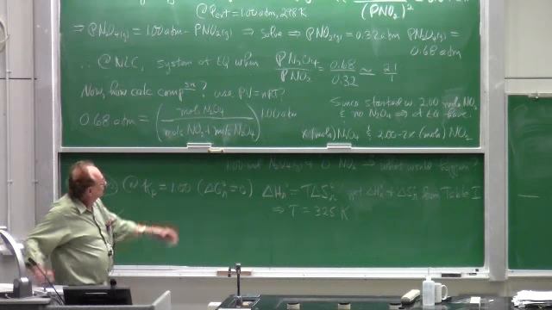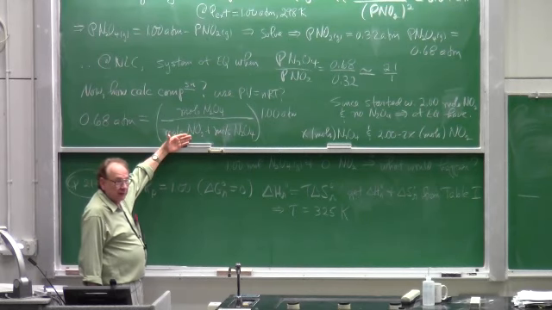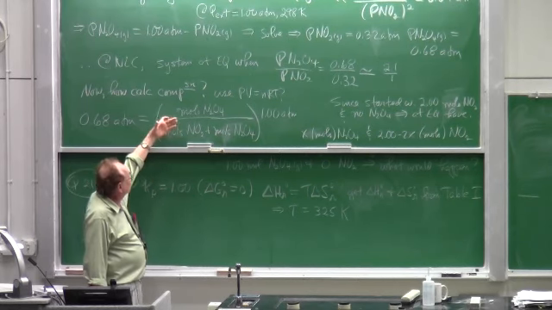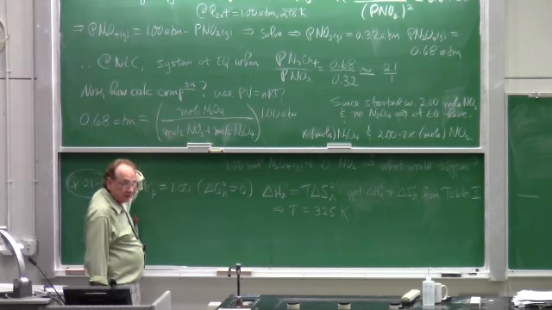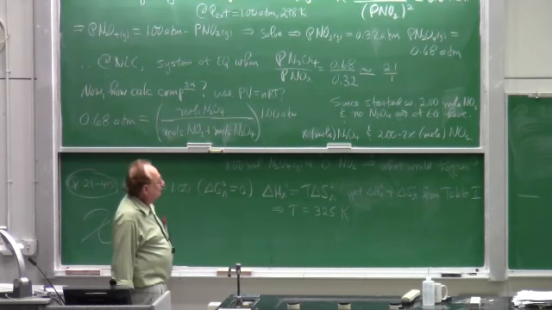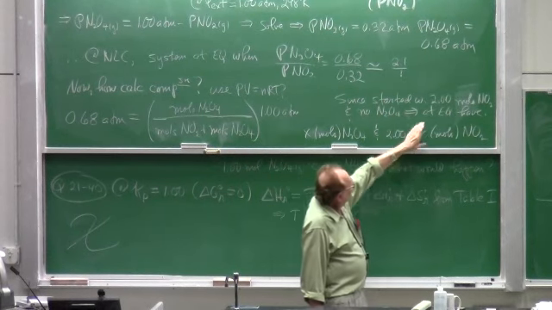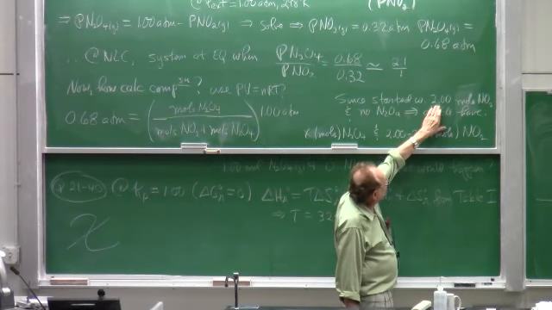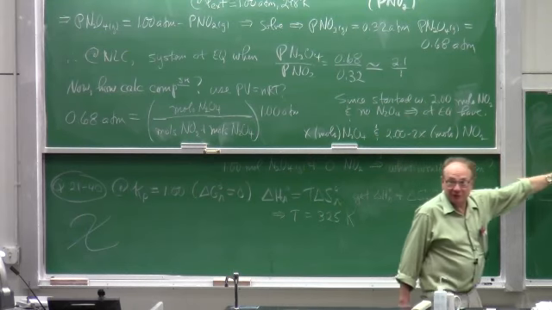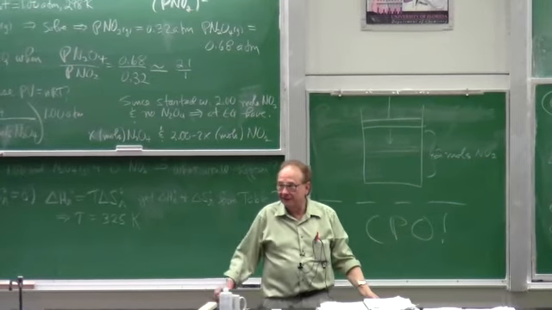Well, how can I algebraically represent moles of N2O4 as well as moles of NO2 in the system? Well, if we started with 2.00 moles of NO2, that's what you wanted to do over here, that's what you told me, okay?